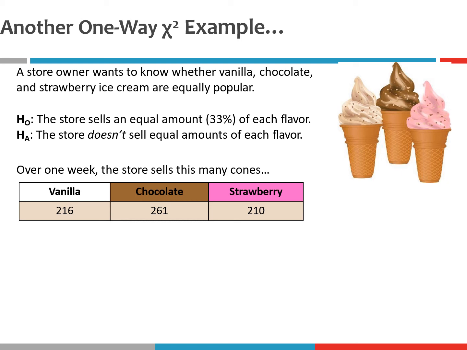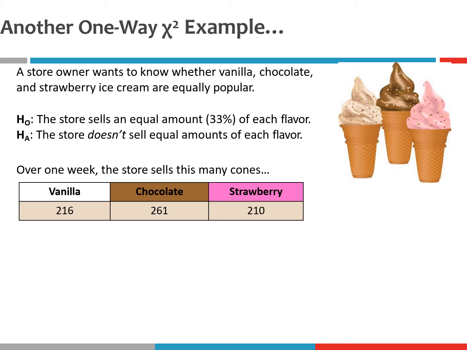So now what we need to do is compare the number of ice cream cones for each of the flavors that we found in our sample over the course of the week to the frequencies that we expected, okay? So you see here we don't have percentages though, we have the number of cones.